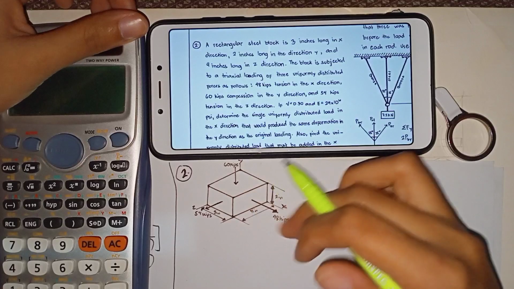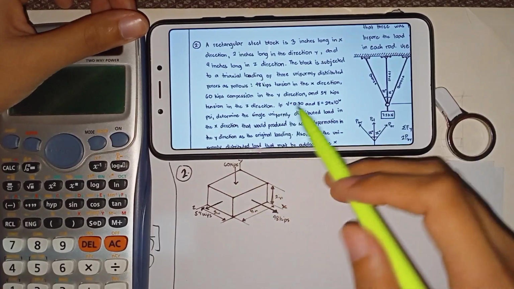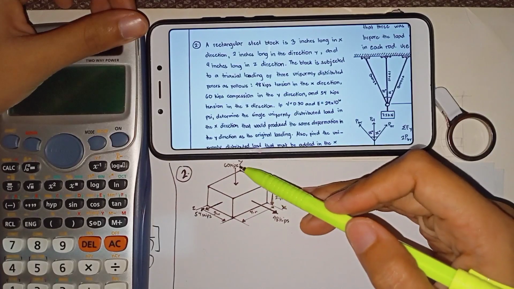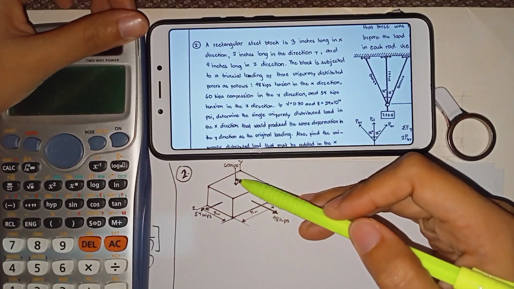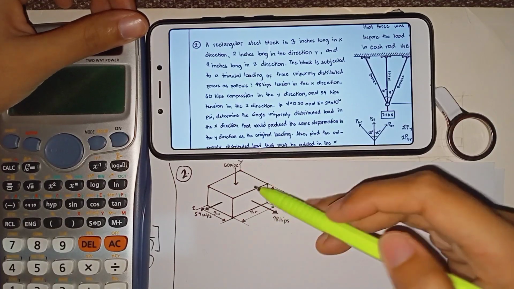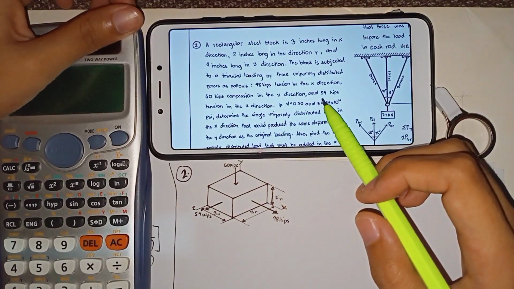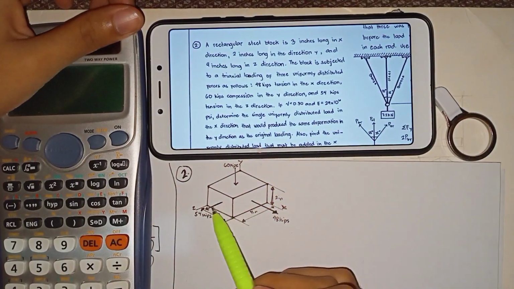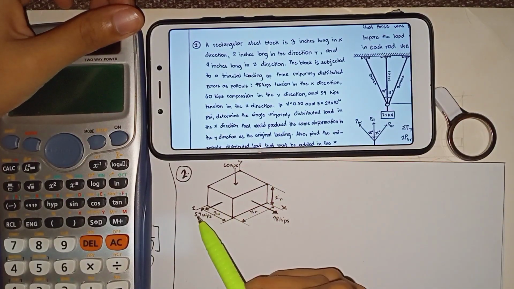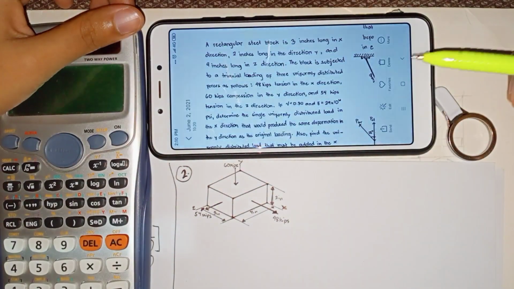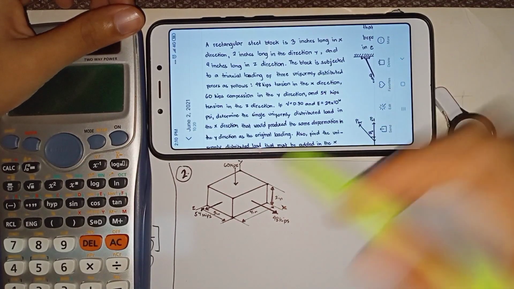So, ibig sabihin, away doon sa object natin. And then, 60 kips compression in the y direction. So, nandito yung y natin. So, yung force is pababa and it is towards the object. And then, 54 kips tension in the z direction. So, another force is nandito kay z. So, it is also tension, therefore, away.